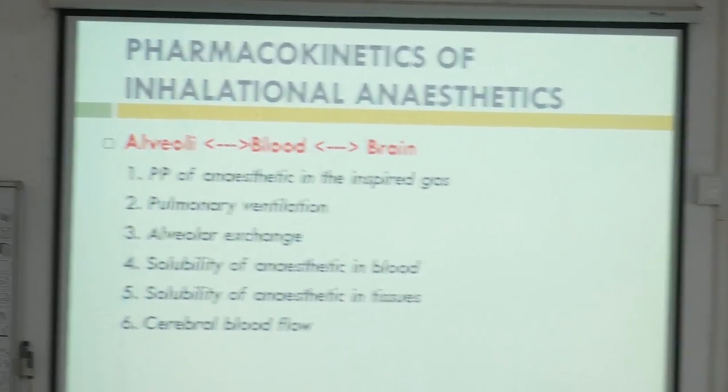Next, pharmacokinetics. Pharmacokinetics is somewhat different in case of general anesthetics. What is the route of administration of general anesthetics? Not only inhalation. There are two types: one is inhalation, one is intravenous.